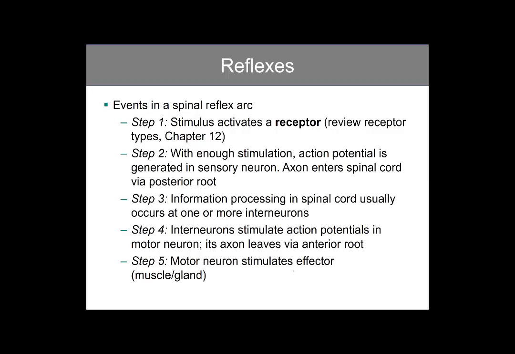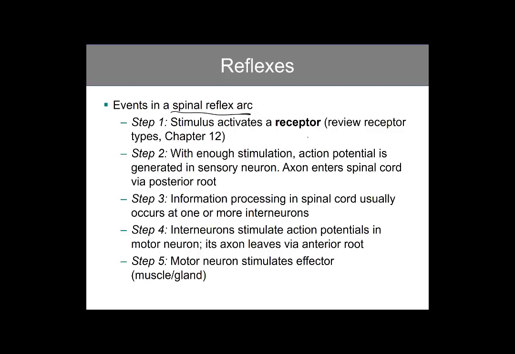So, the 5 basic steps of a spinal reflex arc. 1, you're going to have a stimulus that activates a receptor. If you consider a pain receptor in the hand, any stimulus could activate that receptor, whether you stab that receptor with a pin, or you place your hand on a hot plate. They're all going to activate a receptor.